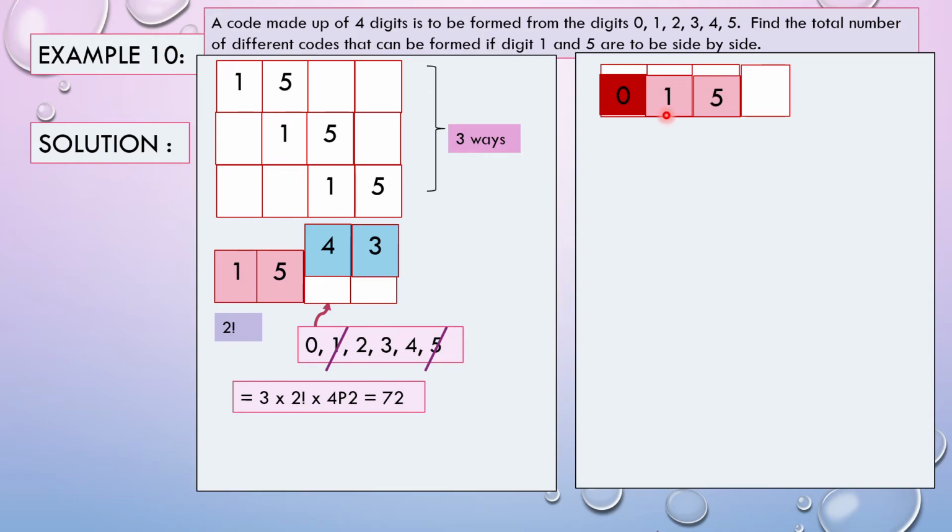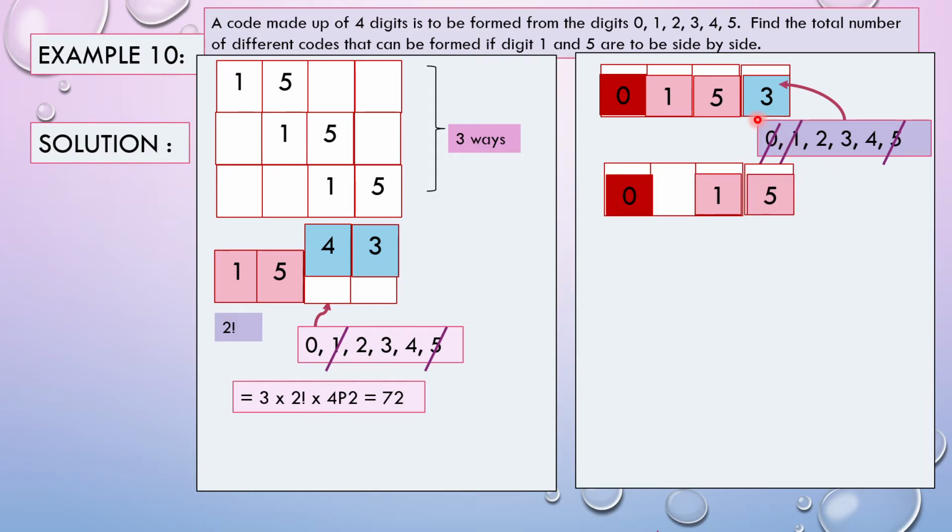Here, let's say I have digits 1 and 5 to arrange. For the last box, we have already used digits 0, 1 and 5, therefore left only 3 options.